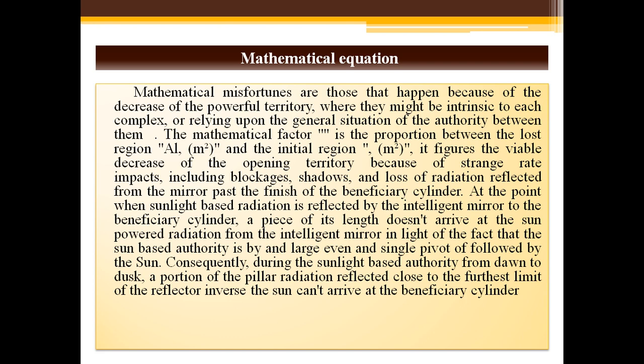Thus, during the solar collector, from sunrise to sunset, some of the beam radiation reflective near the end of the reflector outside the sun cannot reach the receiver tube. This is phenomena called the end effect.